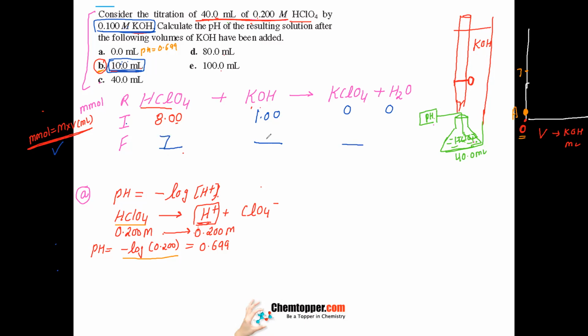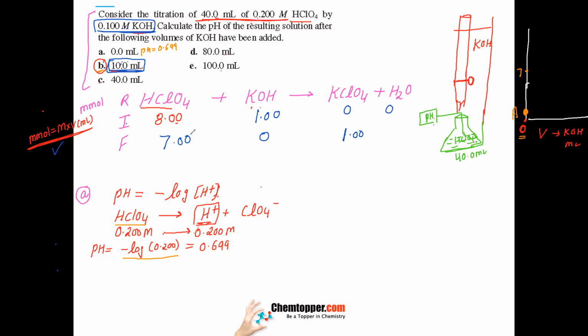7. KOH? KOH is 0. Who is the limiting reactant? KOH. Is there any base present? No. KClO4 is 1, right? KClO4 is 1.